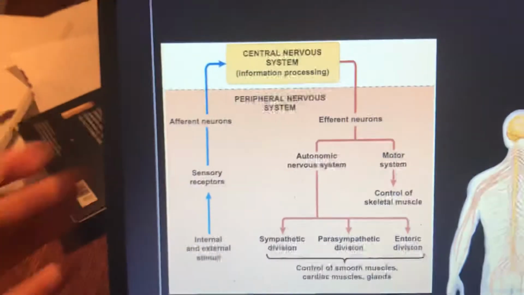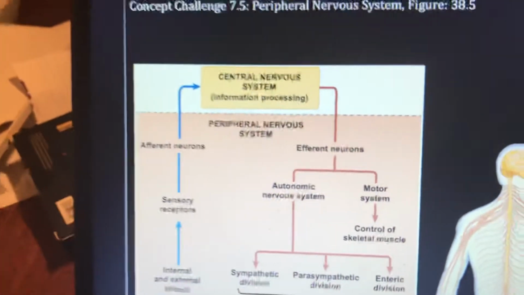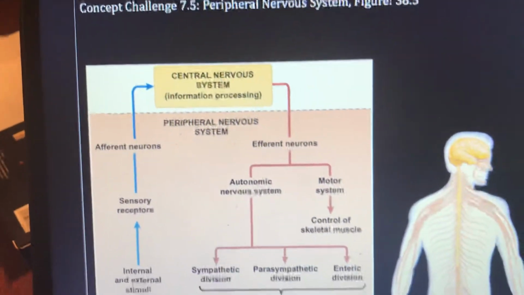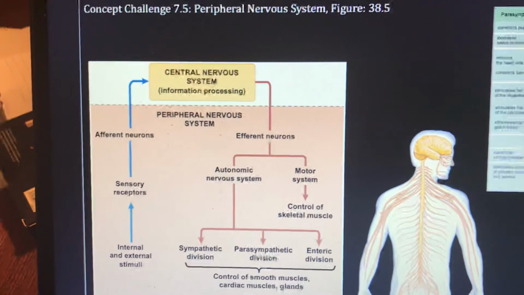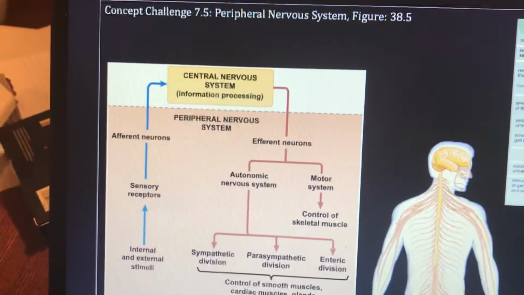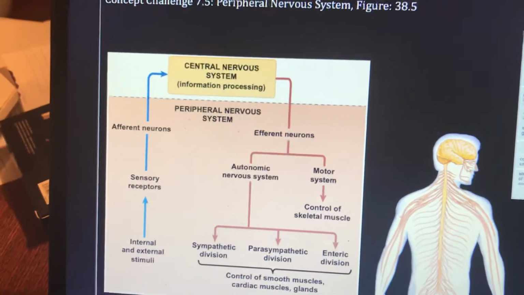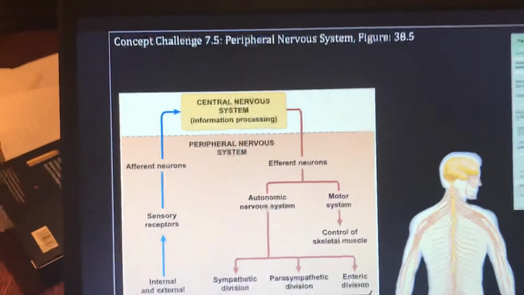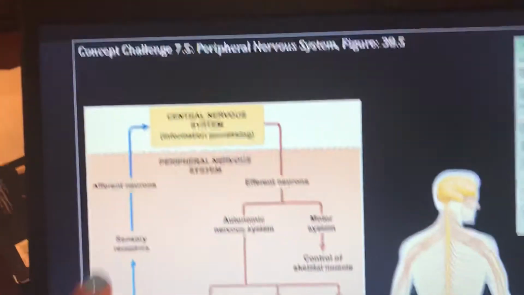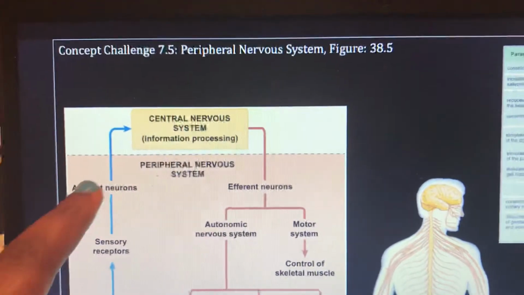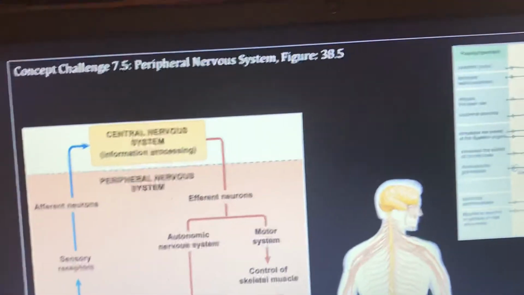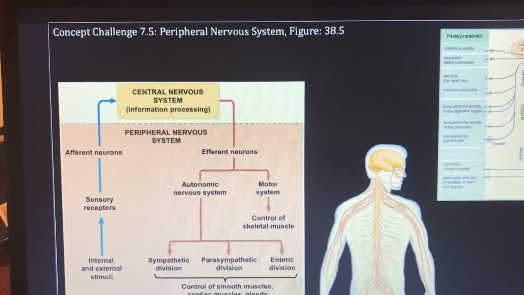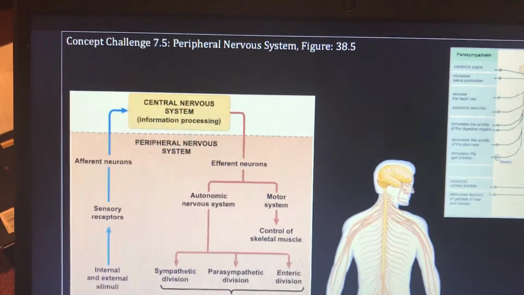So I guess that explains why these neurons are going into the central nervous system, while the efferent are coming out of the central nervous system, and they are responsible for sending info, carrying the info from the central nervous system to our muscles and glands. It makes sense why these two would be the base, because this one is receiving the info and this one is sending the info out to our muscles and glands.